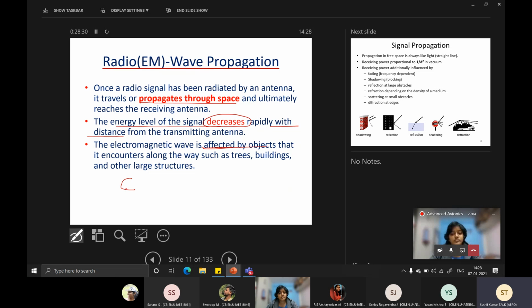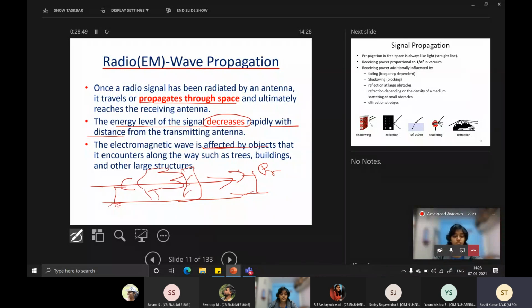It's not that it's just free space and you're receiving everything. Now, in between, there will be some buildings, some vegetation, and a lot of things. So it's not that simple that whatever you are receiving, PR, is going to be an ideal situation. It's going to be much less than that.